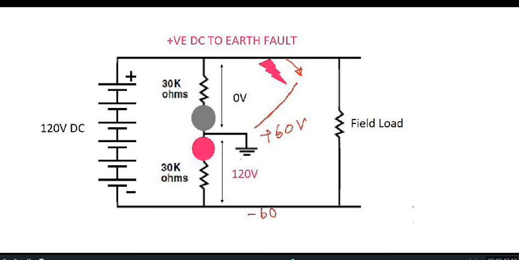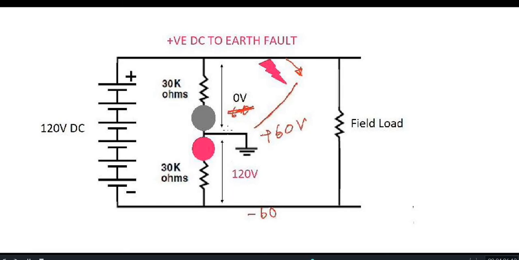So the voltage across the negative DC arm to the earth becomes 120 volt. In the normal condition, the voltage across positive to earth was 60 volt, which has now become 0 volt.